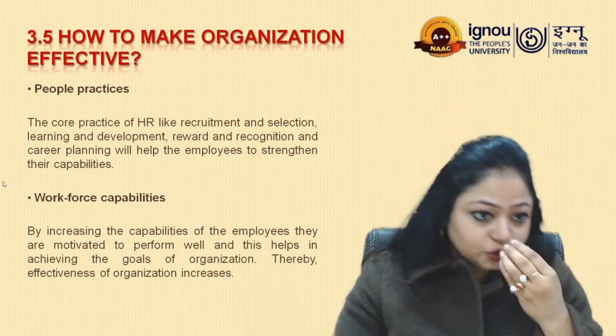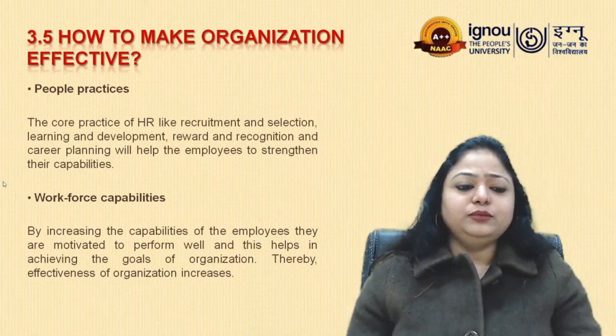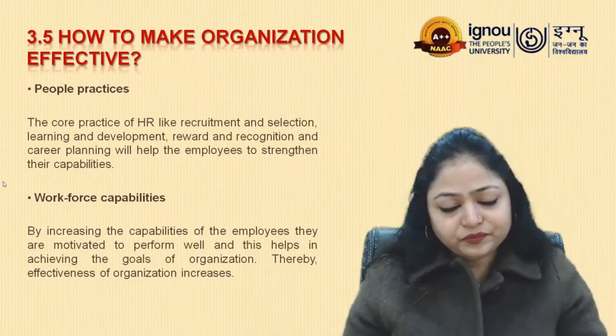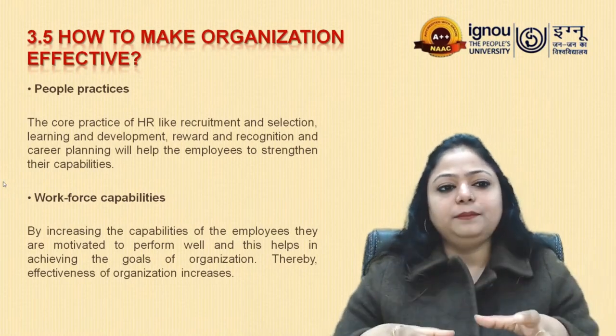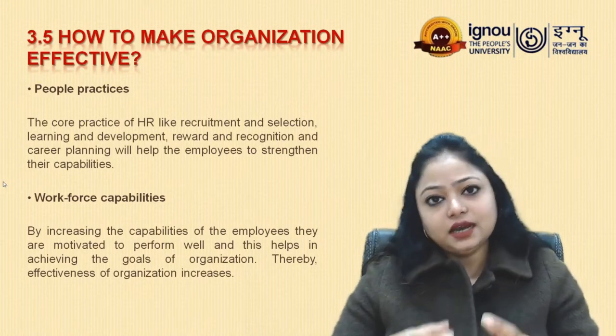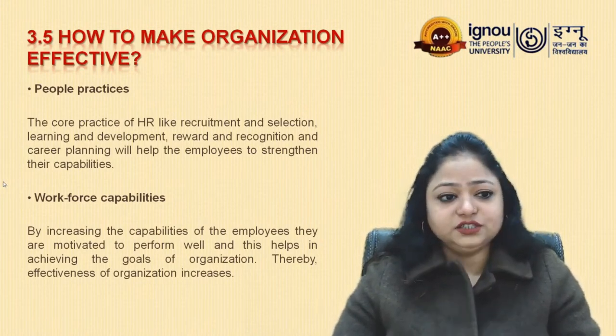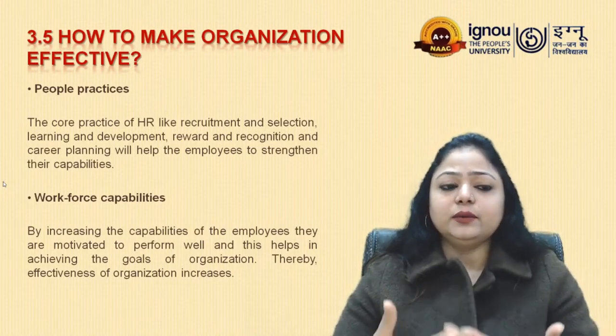Okay, so people practices, the core first one, is how people practices are being done at the organization. Human resource development work functions like recruitment, selection, learning and development, reward and recognition, and career planning will help employees to strengthen their capabilities.